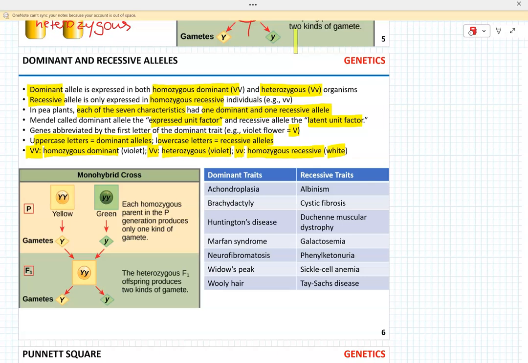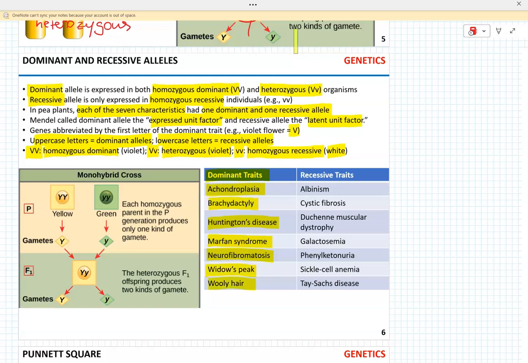So there are some traits in humans that are dominant versus recessive. Dominant traits are achondroplasia, brachydactyly, I believe it's short, fewer fingers, Huntington's disease, Marfan syndrome, collagen conditions, and many other human conditions.